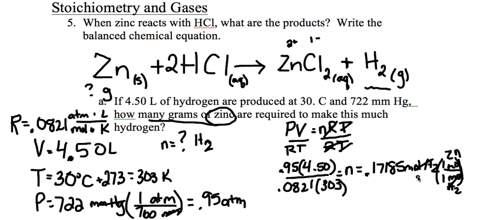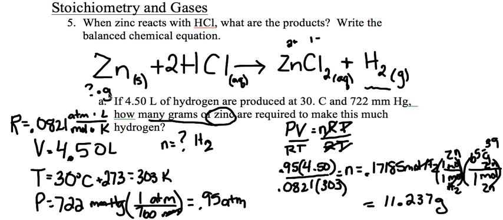Well, that's how many moles of zinc I would have, but it asks me for how many grams. So I need one more step, and I put moles of zinc on the bottom, and I want to get to grams of zinc. Anytime I go from moles to grams or grams to moles, it's always 1 mole. I go to the periodic table and I find 65.39 grams of zinc for every 1 mole of zinc. If I calculate that, I get 11.237.